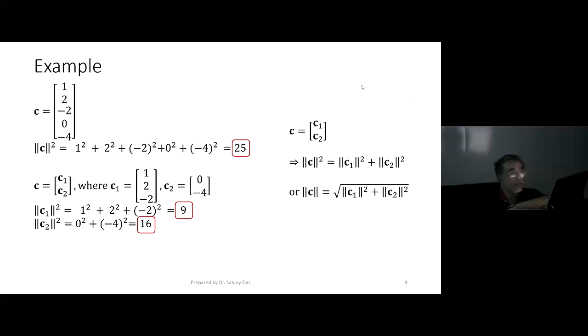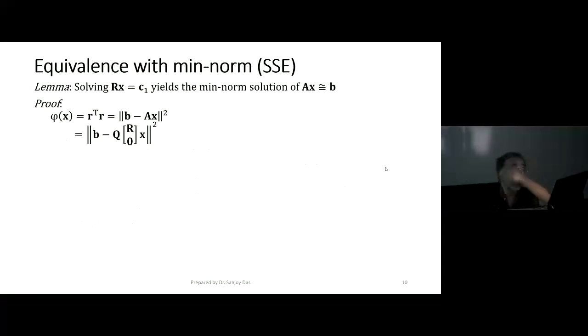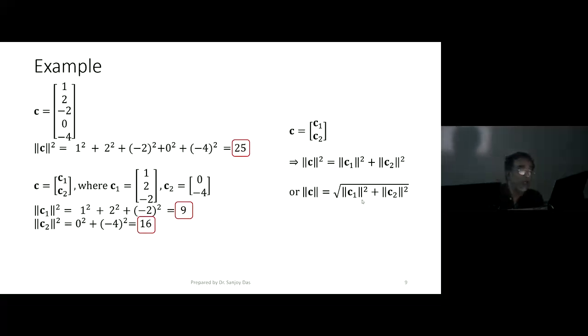Okay, so this is what we have. If C is expressed as a block vector like this, C1, C2, then the L2 norm of C squared is the L2 norm of C1 squared plus the L2 norm of C2 squared. And this we will be using in our formal investigation.